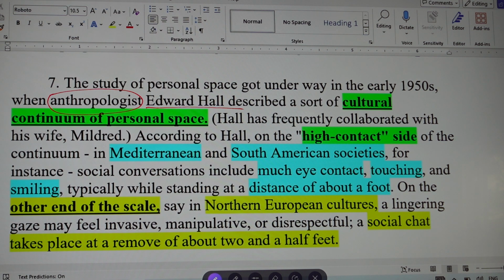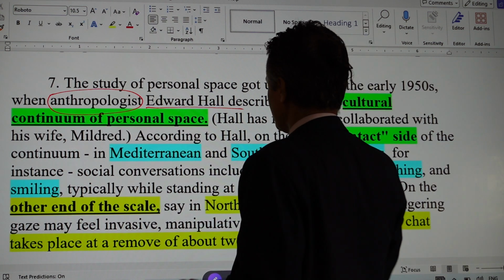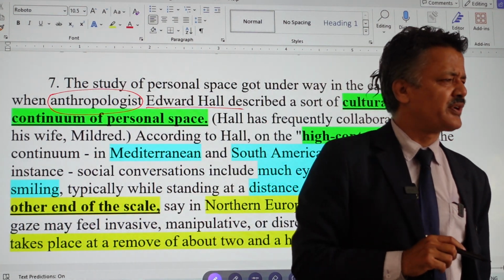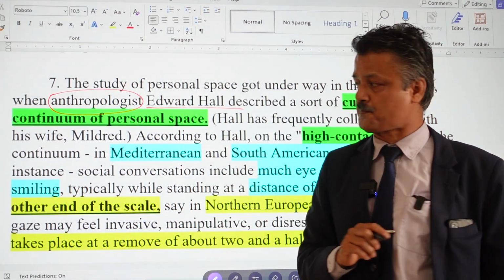One who studies the development of society is called a sociologist. Say with me, anthropologist. Loudly. Let me see you are full of energy. Anthropologist. Sociologist. Okay. So what is the name? Edward Hall, a very famous cultural scholar.